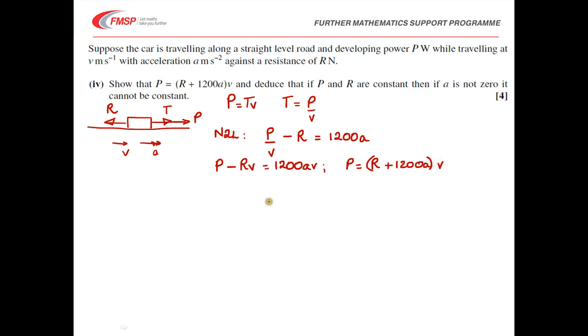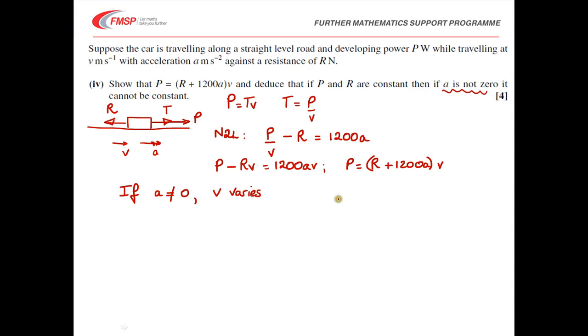Times by v. Okay. Last little bit there, deduce that if P and R are constant, then if a is non-zero, it can't be constant. Okay, so let's have a little think about that. If a is non-zero, that means that there's an acceleration of some kind. If there's an acceleration of some kind, then v varies.